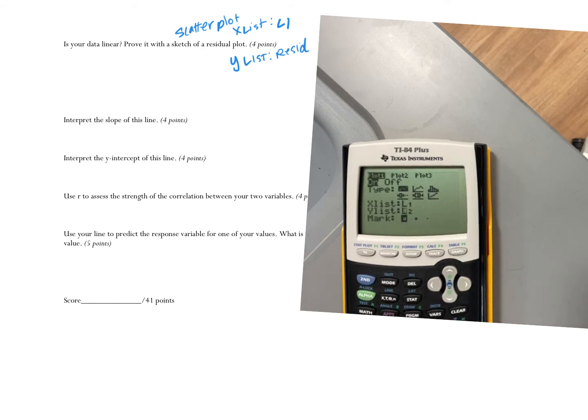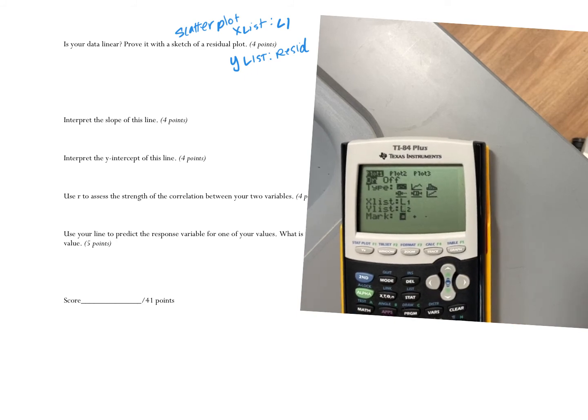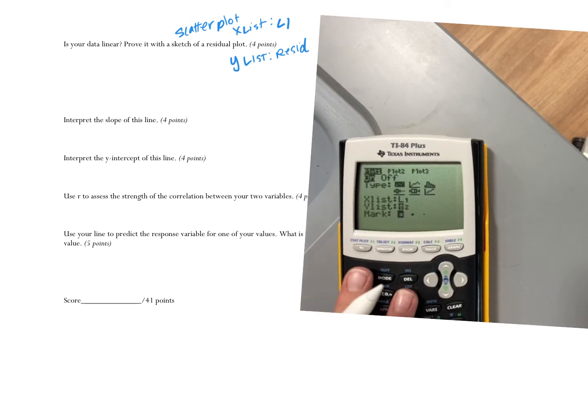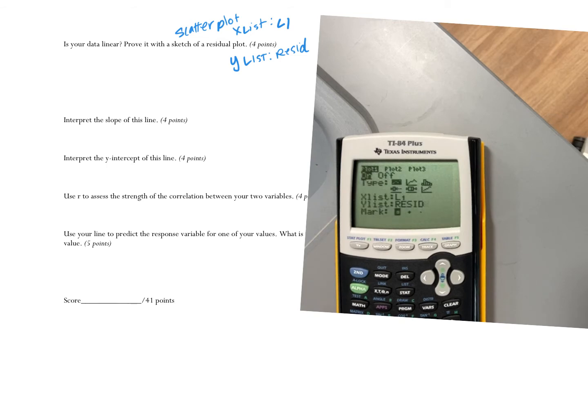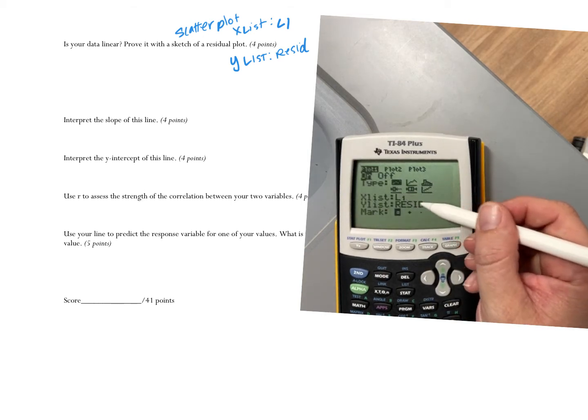To bring up that list of the residuals, you just hit second stat to bring up the list menu, and somewhere in there you should see something that says resid. For me, it's 7. For some of you, it's going to be lower down, and that's okay. So notice that my X list says L1, my Y list says resid.